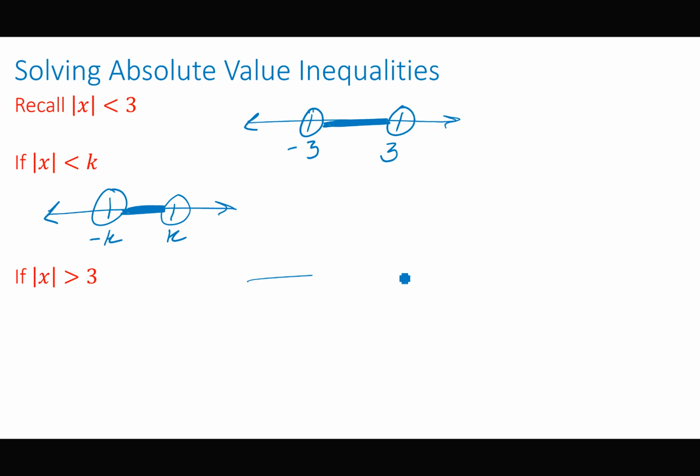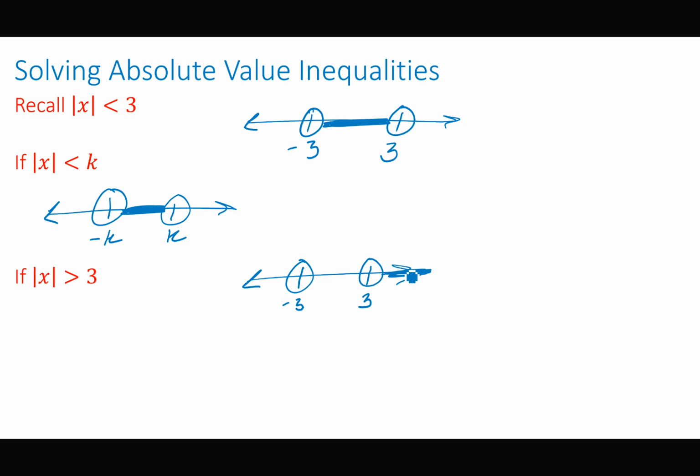Now let's take a look here. What happens if I said absolute value of x greater than 3? So that'd still be from negative 3 to a positive 3, open circles at each. Let's think of numbers. If I put in there 1, it's not going to work. Absolute value of 1 is 1. 1 is not greater than 3. But if I chose like 5, absolute value of 5 is greater than 3.